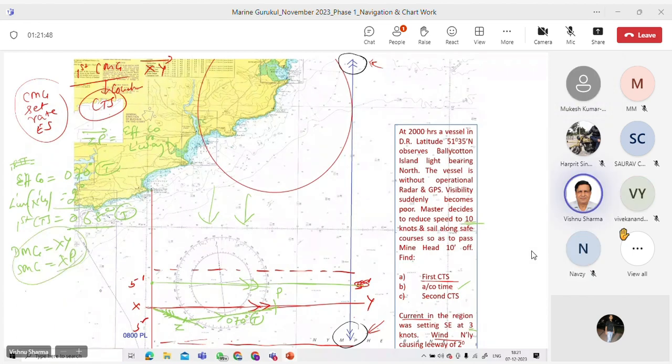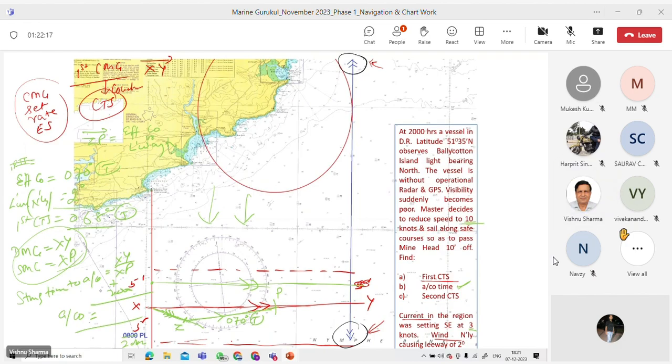Now so steaming time to alteration will be equal to XY upon XP, yes or no? Yes, sir. And to this, I add 2000 hours. And this gives me the alteration time, correct? Am I right? Yes, sir. That becomes my answer B.